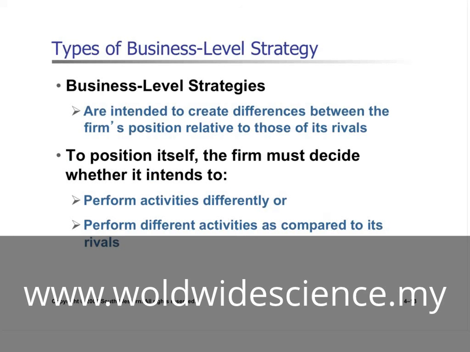Basically, when it comes to positioning, you want to position yourself. You want to tell your customers that this is what you do, and that's based on the differences that your products and services offer compared to other companies' or rivals' products.